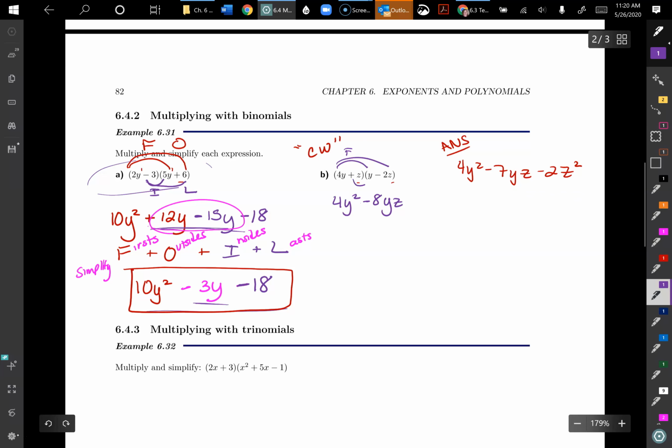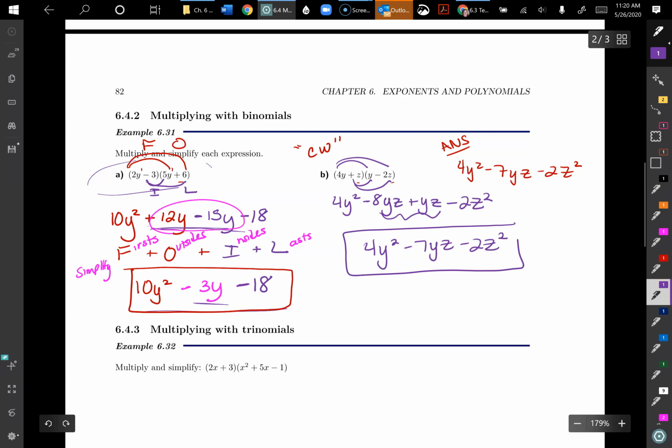And then I have my insides, which is a plus yz, and my lasts, z times negative 2z will be minus 2z squared. Then I have to combine my like terms here. 4y squared minus 7yz minus 2z squared, which is the answer I gave you earlier if you were just doing classwork. But those are the steps there.